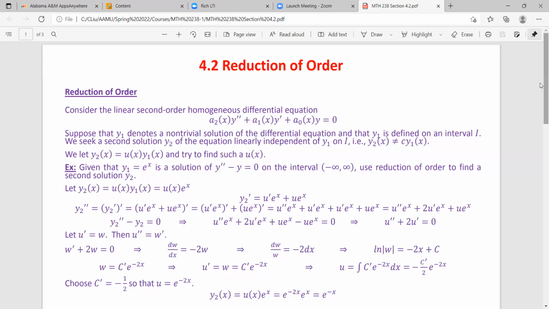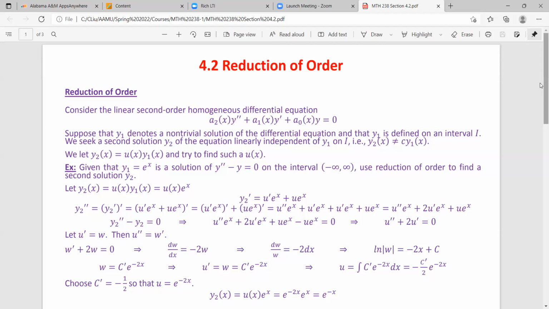So then in the first part, you just take the derivative of u prime times e to the x plus u prime times e to the x prime. Once again, e to the x prime is just e to the x, okay?